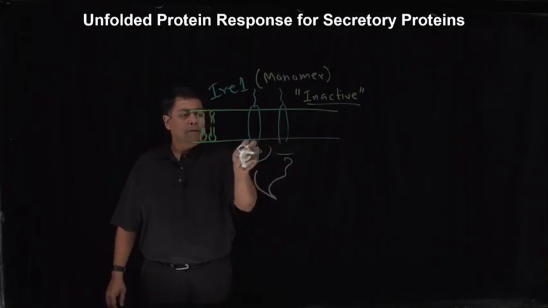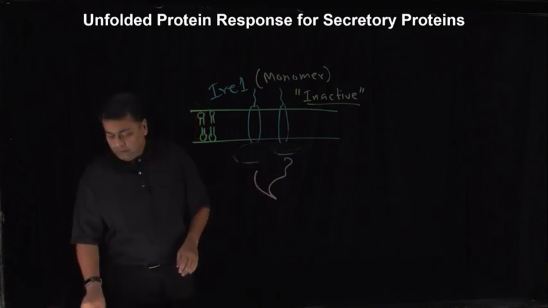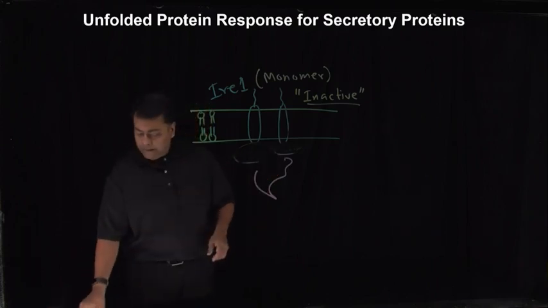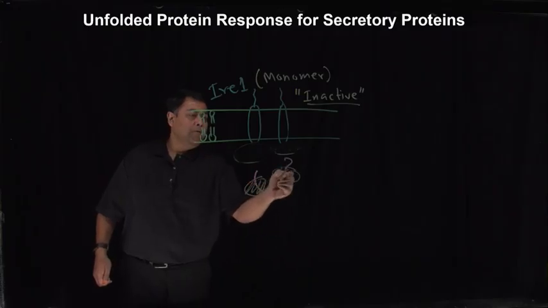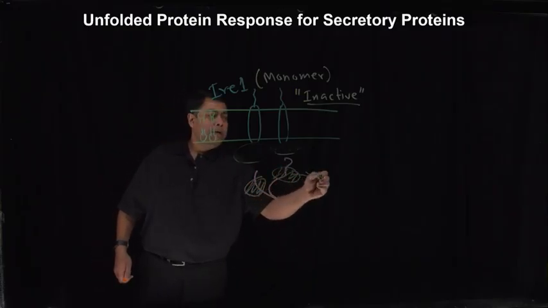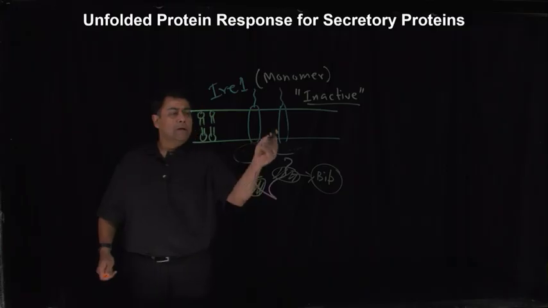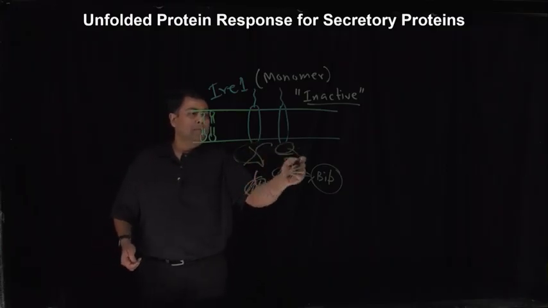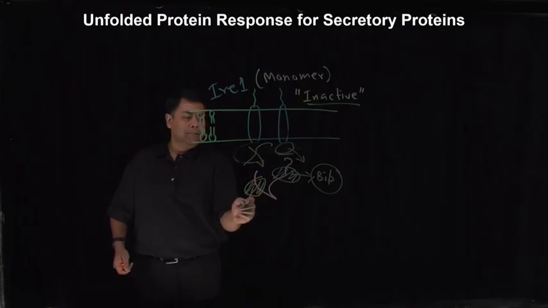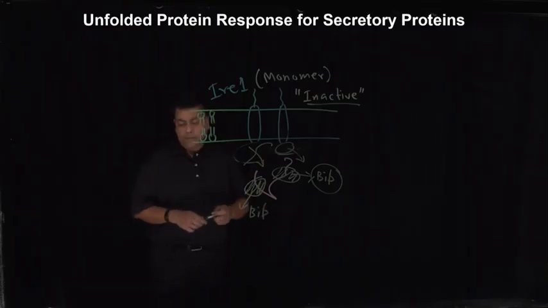The reason being, the BiP will now bind to the unfolded protein. The unfolded proteins by nature bind to the BiP, and it is dislodged from the IRE1 monomer. So this is BiP, this is now bound to the unfolded protein.